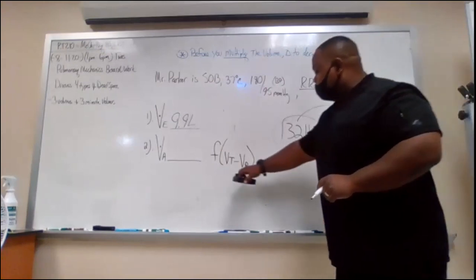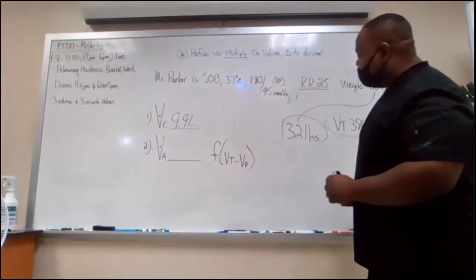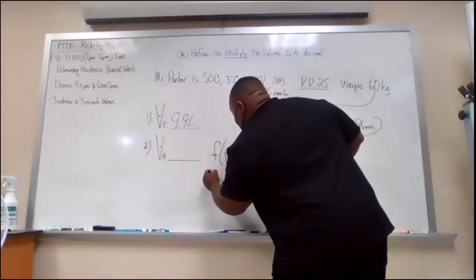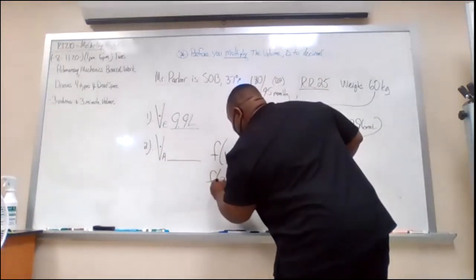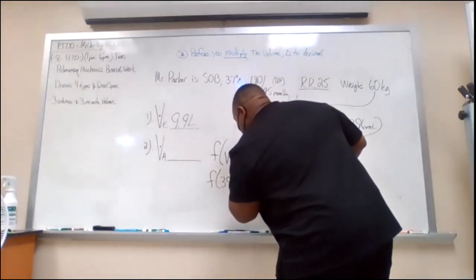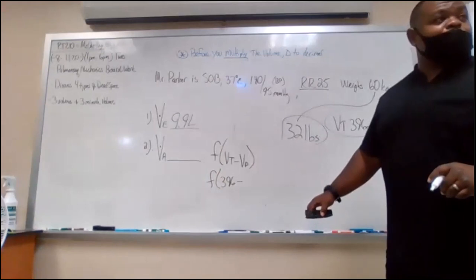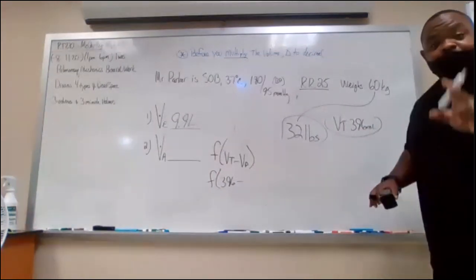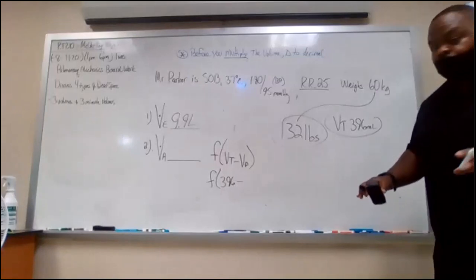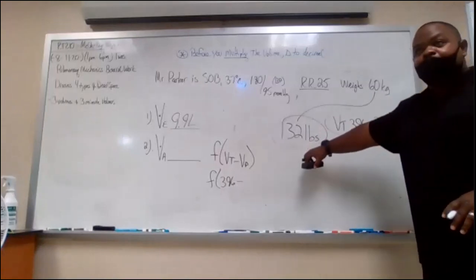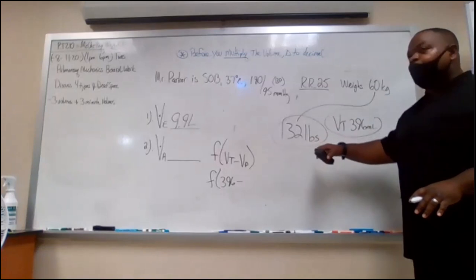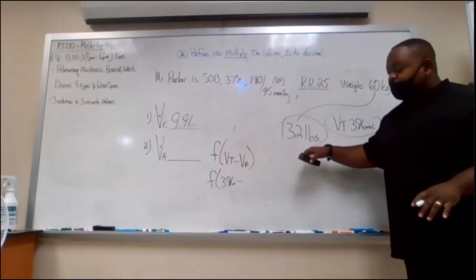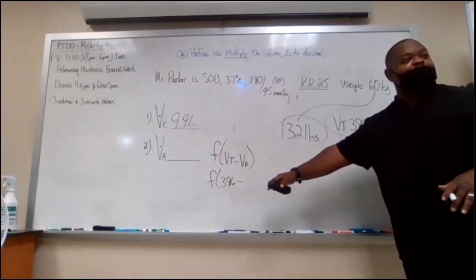We already know that the tidal volume is 396, so that would be F times 396 minus, what is his dead space volume? 132, because dead space is 1 cc per pound. 60 kilograms is 132 pounds, so that would be 132 cc's of dead space.